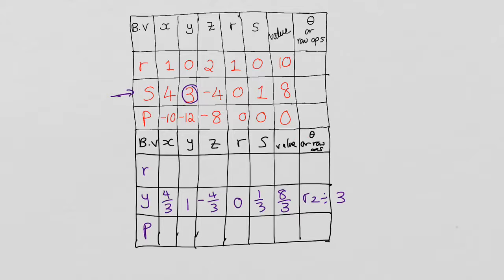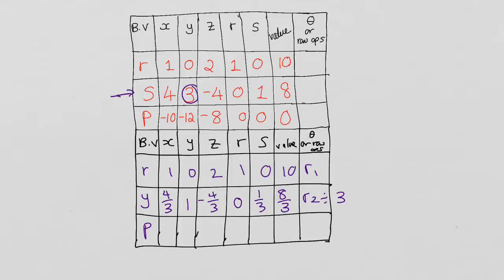Now remember, the idea here is to make this and this go to 0. So happily, that's already 0, so I don't have to do anything to my row 1. I can just copy it back out. So thank goodness for small mercies, eh? So there's my first row. My third row, I've got minus 12, but I want 0. So I'm going to have to add on 12 lots of 1 to make that go to 0.